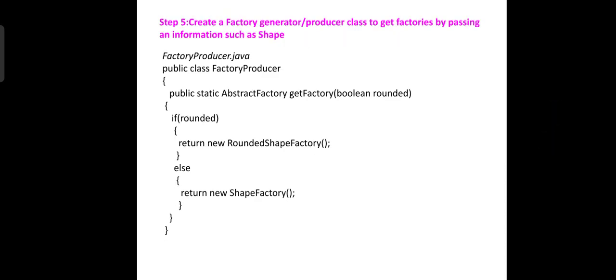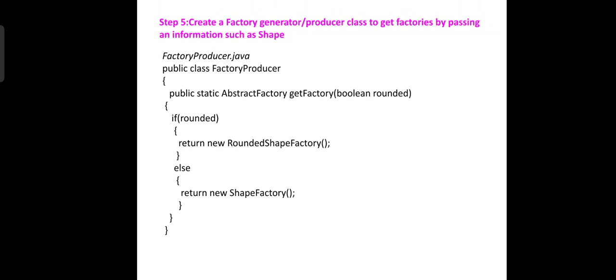In the fifth step, we have to create a factory generator class to get factories by passing information such as shape. For that we use the class FactoryProducer, and in that FactoryProducer we have to use a public static AbstractFactory getFactory method.